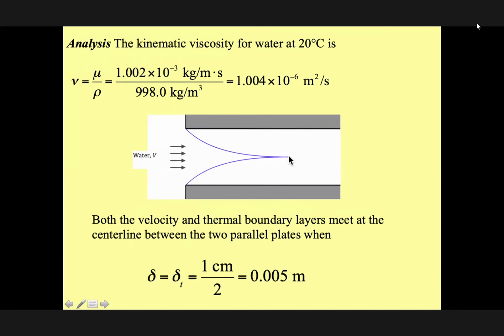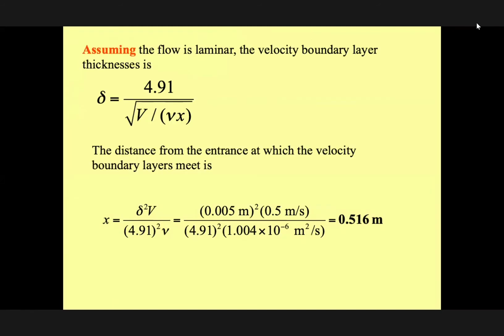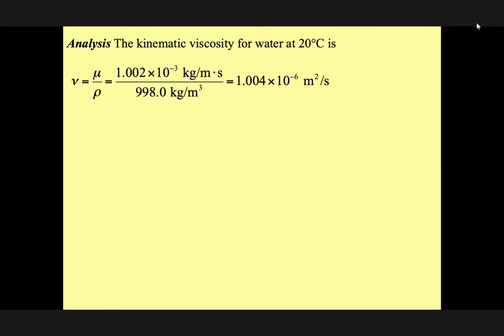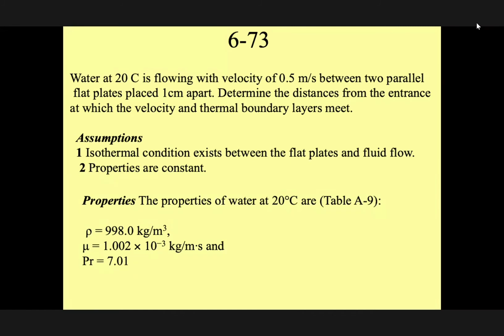Now we would like to go and calculate for the temperature, okay? Could you please do it? Read the problem. Please read the problem. For God's sake, do not memorize it. Read the problem and ask me any question that you may have. The question was, calculate the distance from the entrance where the velocity profiles meet, okay?